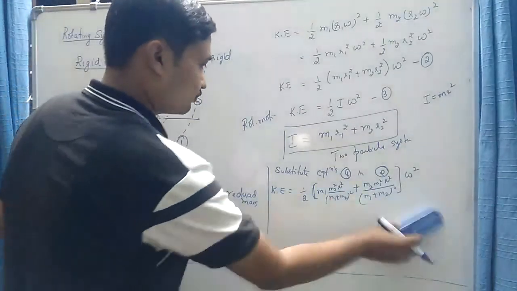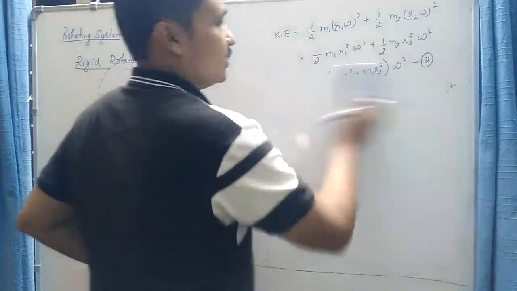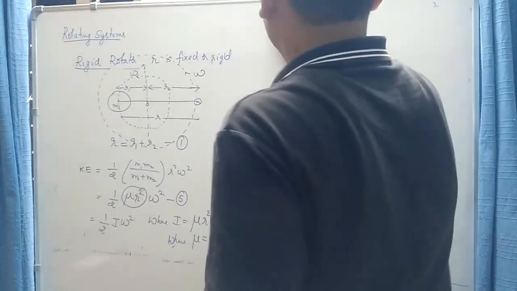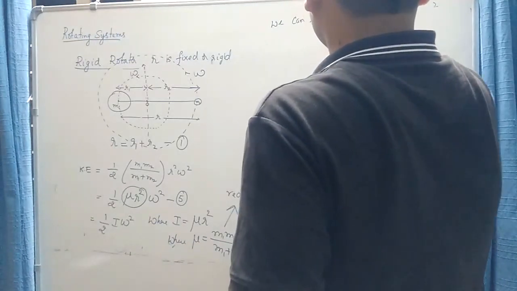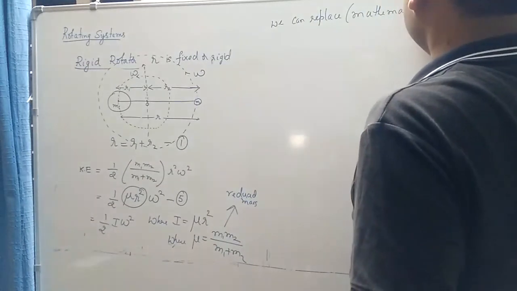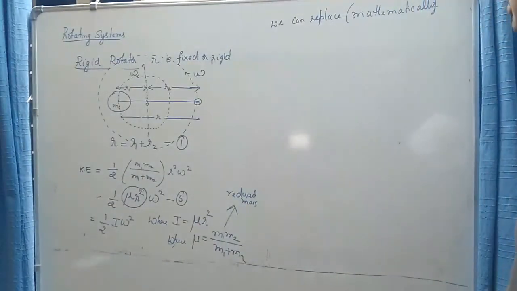Let me explain. What we do mathematically is replace, of course only mathematically, since physically we are not doing anything. Physically it is a two particle problem, but what we are doing is mathematically modeling it.